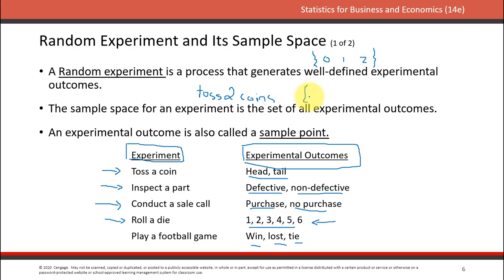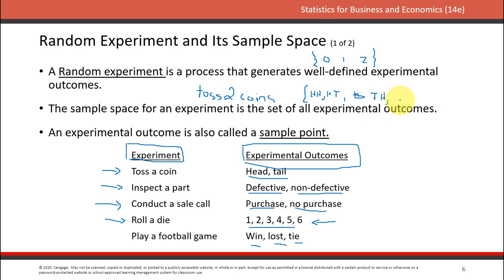But that's not the way I wanted to do it. I could also say that you could get heads on the first and heads on the second, or heads on the first and tails on the second, or tails on the first and heads on the second. I'm saying that these two are not the same, because this is heads on the first, tails on the second.